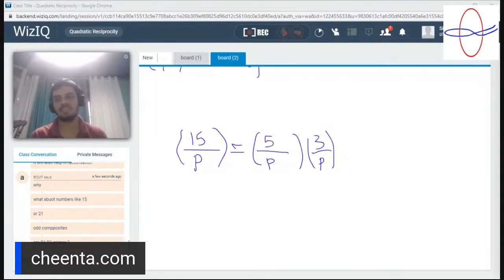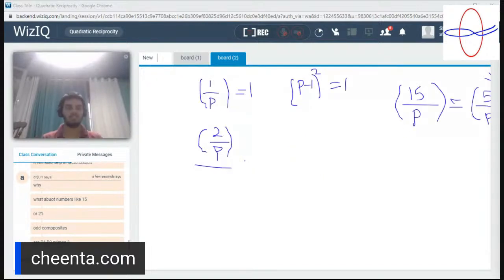But assuming that we know how to take care of odd primes, the only thing left is taking care of 2, if that makes sense.